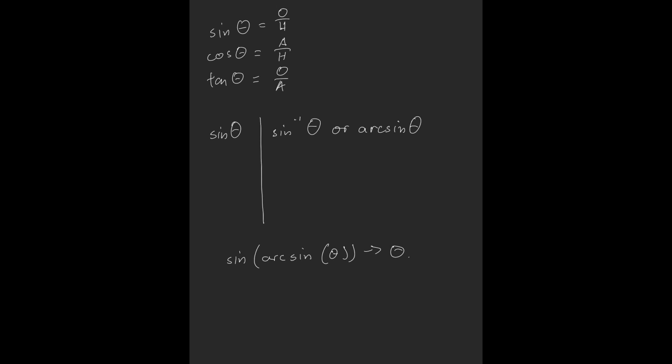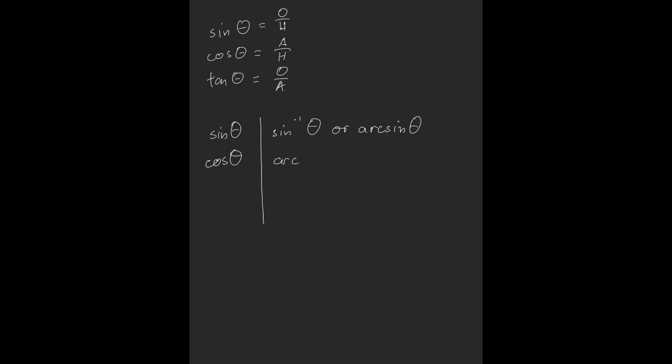So we plug pure, raw, normal numbers into arcsine, and it'll spit out the degree for which the given triangle has that ratio. So let's take a look. Sine theta has arcsine theta.